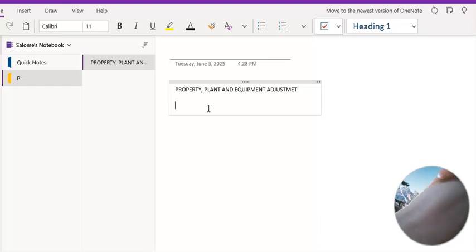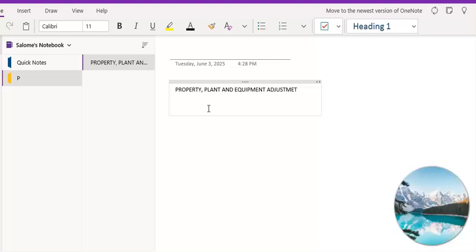One word that we should understand about measurement of property, plant and equipment is that these property, plant and equipment are part of the fixed assets, or sometimes known as the non-current assets, and they do depreciate, they lose value.